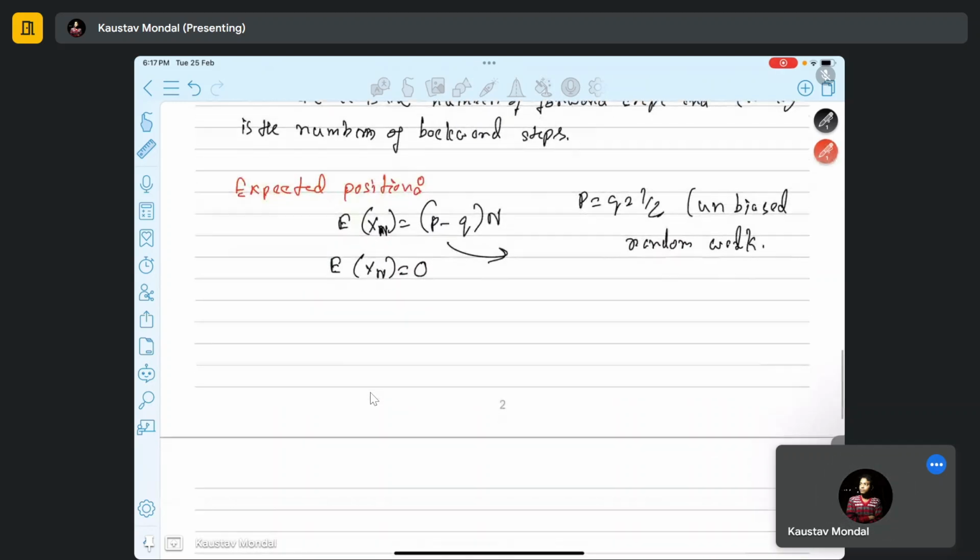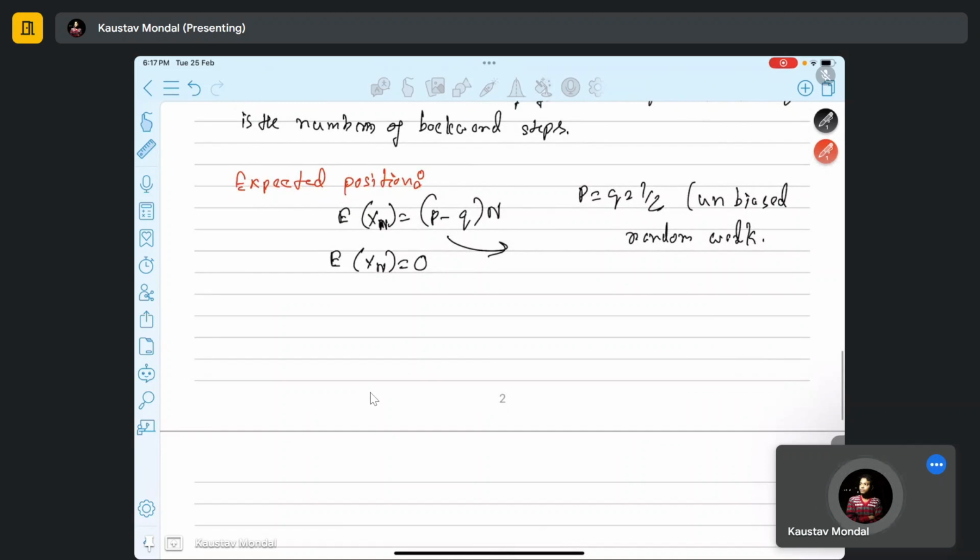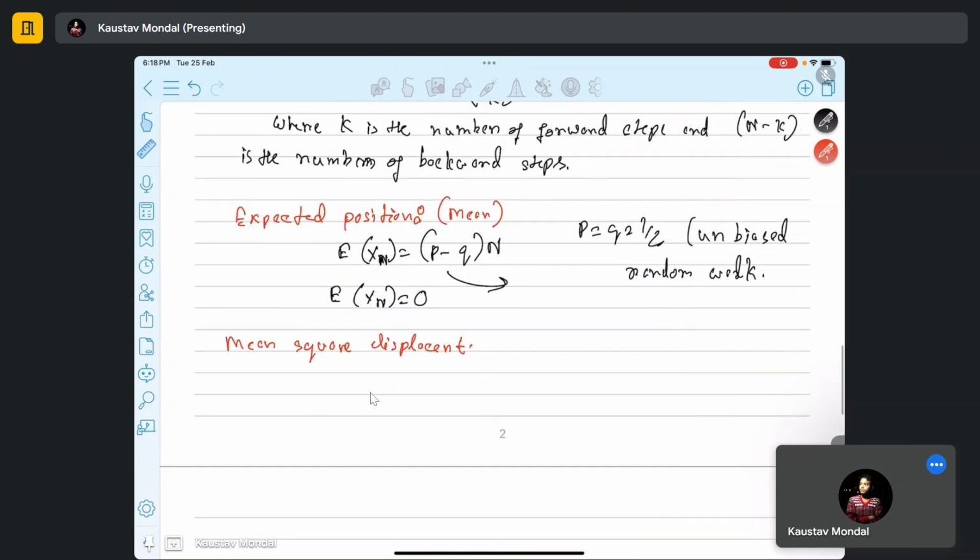Now is the mean square displacement. So this is basically the mean. Next is the mean square displacement.